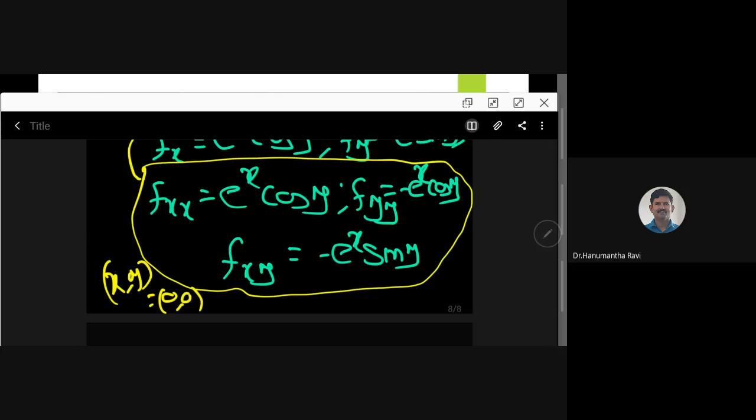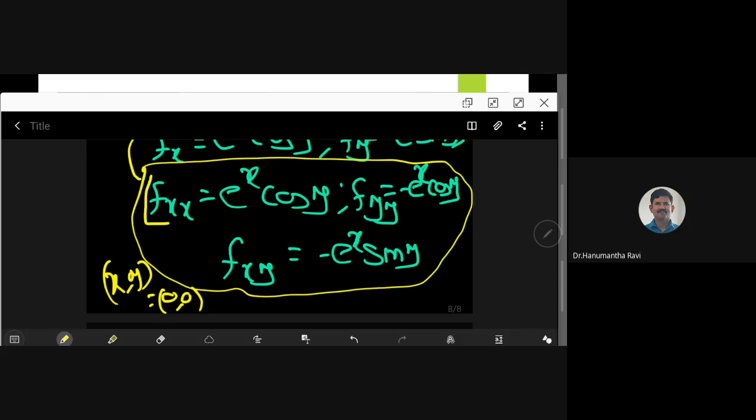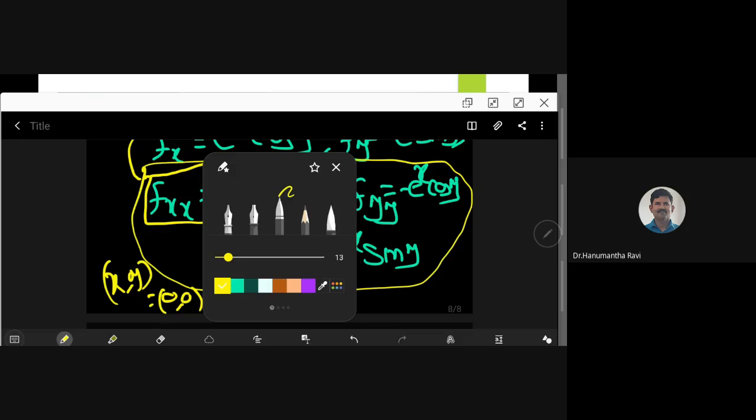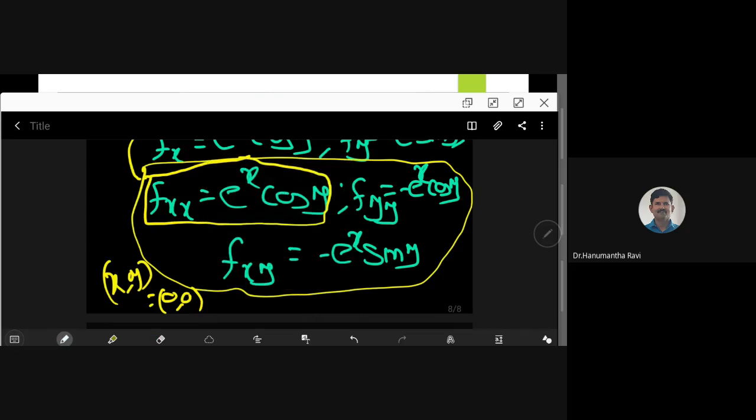So at (x, y) equal to (0, 0), this becomes e^0 is 1, cos 0 is 1, so this becomes 1.